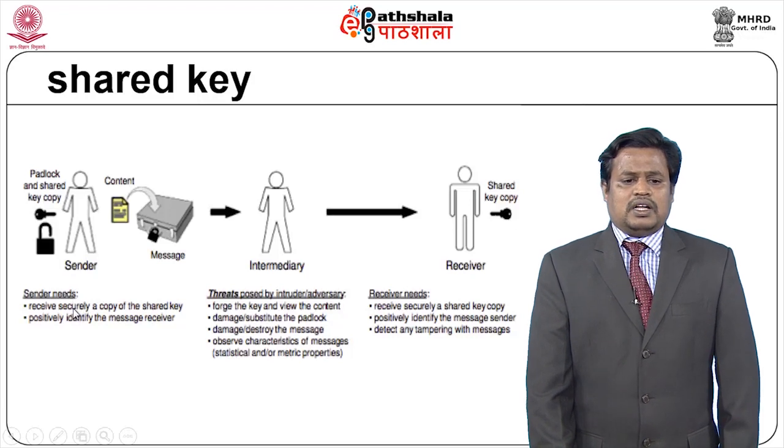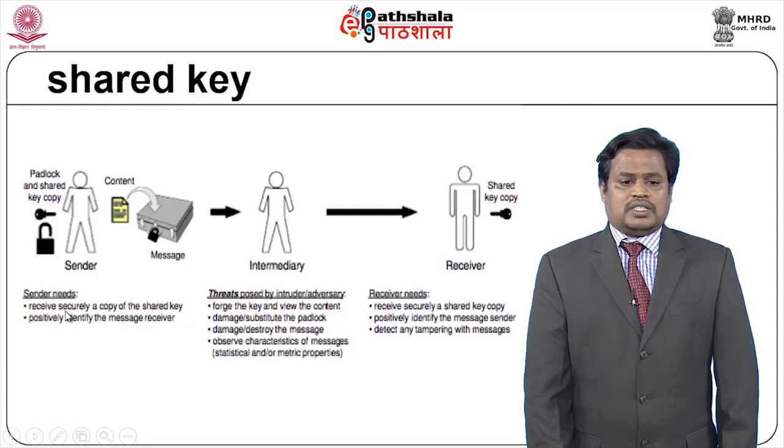The sender must securely receive a copy of the shared key and positively identify the message of the receiver. So when I send a message, the sender has to share a copy of the key, that is the first step.